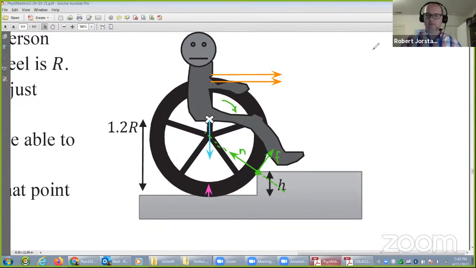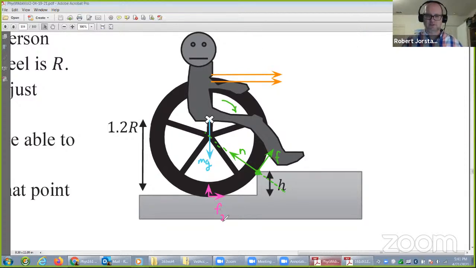All right. And then let me just label this one. This was mg. So which way do you think friction points at the bottom? Forward. And if you look at the solutions, I screwed it up too, Denna. So I've got to fix that one. I noticed that earlier. But fortunately, I have a get out of jail free for my screw up, which I'll explain in just a minute.